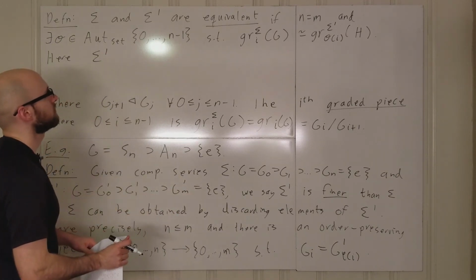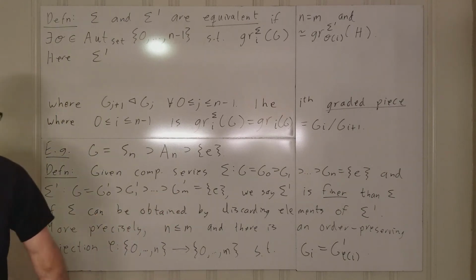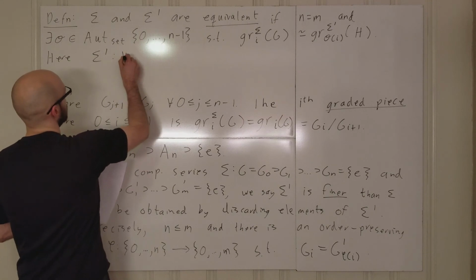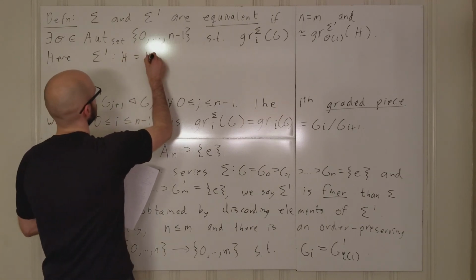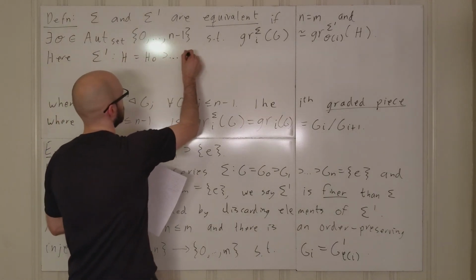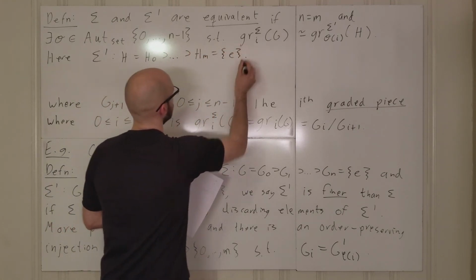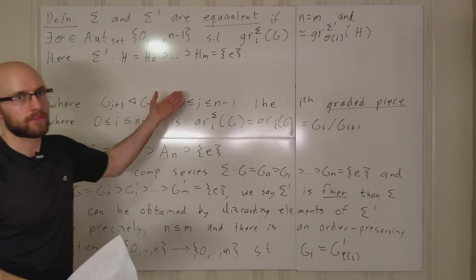Sigma prime. Oh wait, no. Oh no, I do have to make it H, because sigma prime is H equal to H naught contains all the way down to Hm equals E. Because the important thing here is that G and H don't have to be the same group.